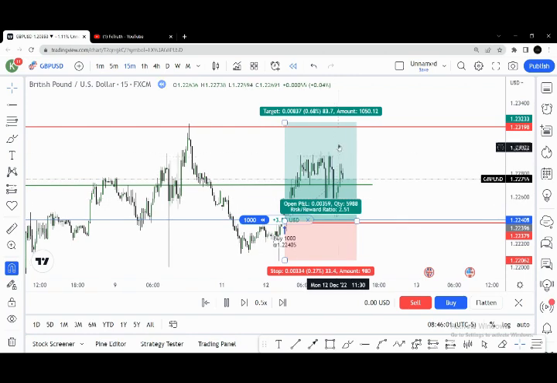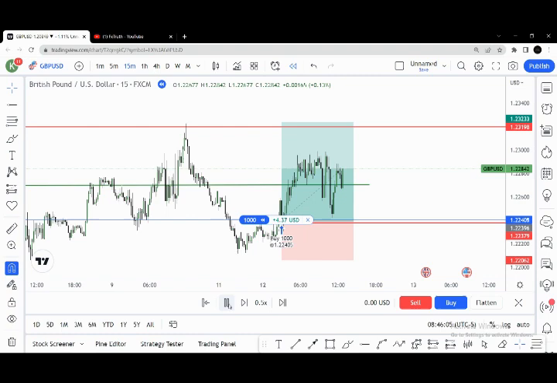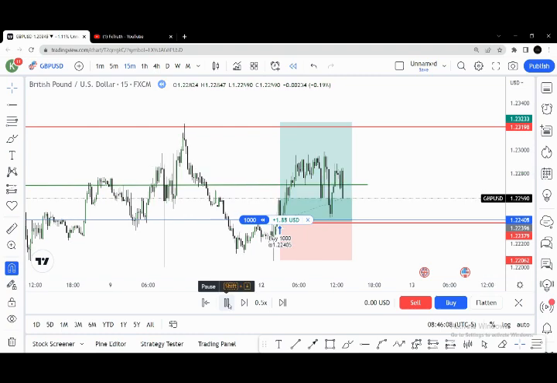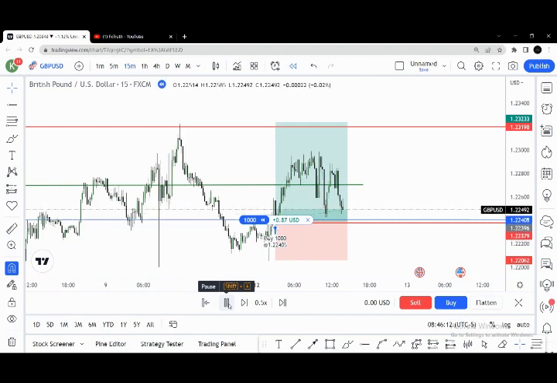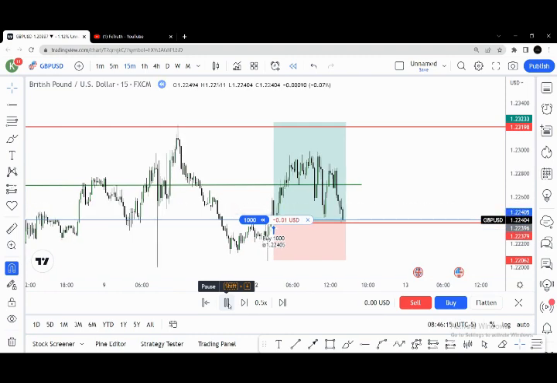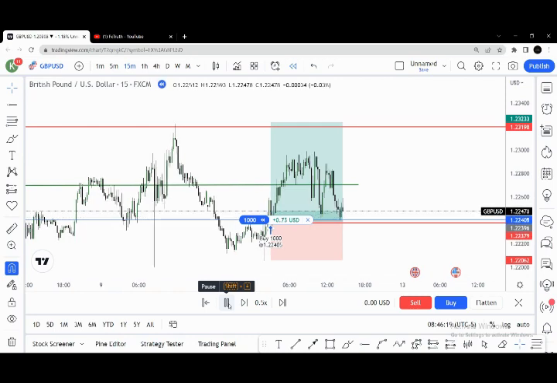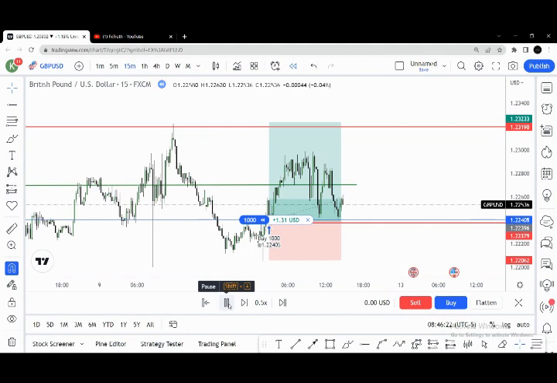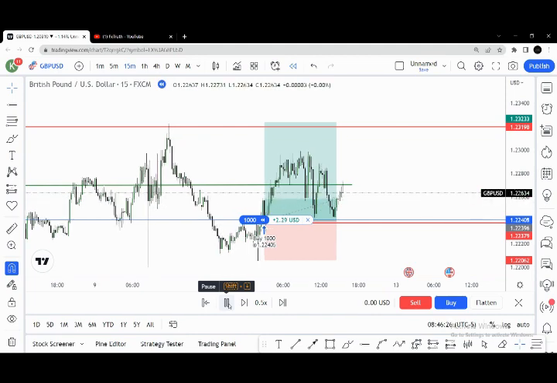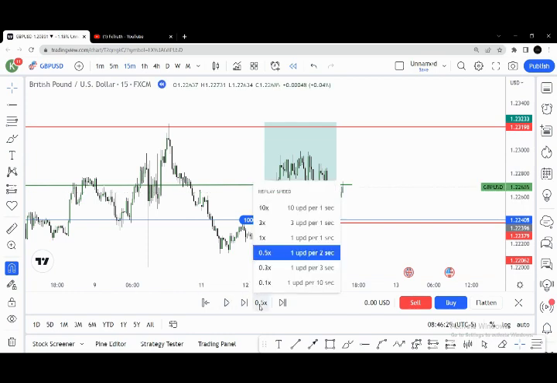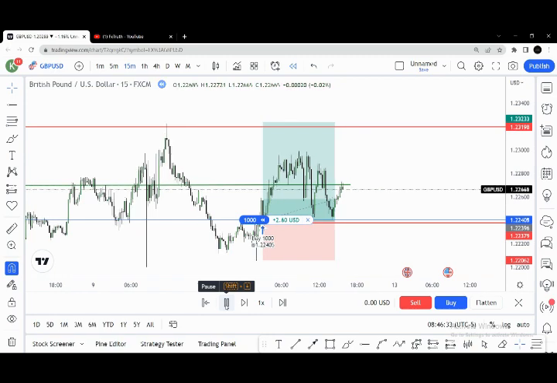These are areas of reference right here. So allow me to increase your replay speed so we can make this fast.